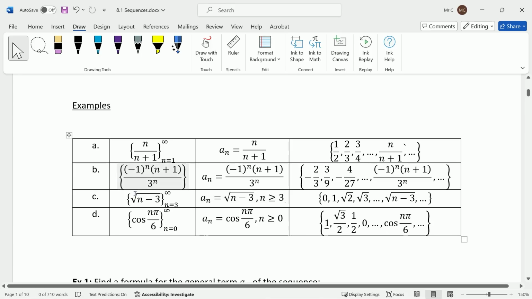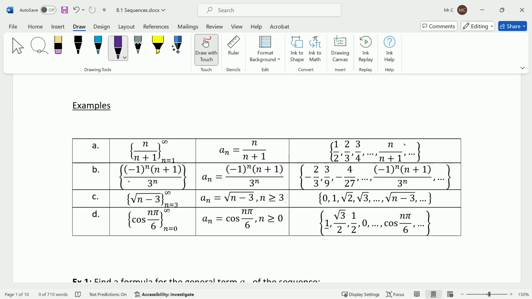Now for part B here, we've got a sequence with alternating terms, -1 to the nth power times n plus 1 over 3 to the n. So the key to recognizing this pattern, just as a little aside, is this -1 to the n part. When n is 1, -1 to the nth power gives me -1 to the first power, which is -1. If n is 2, I get +1, since -1 squared is +1.